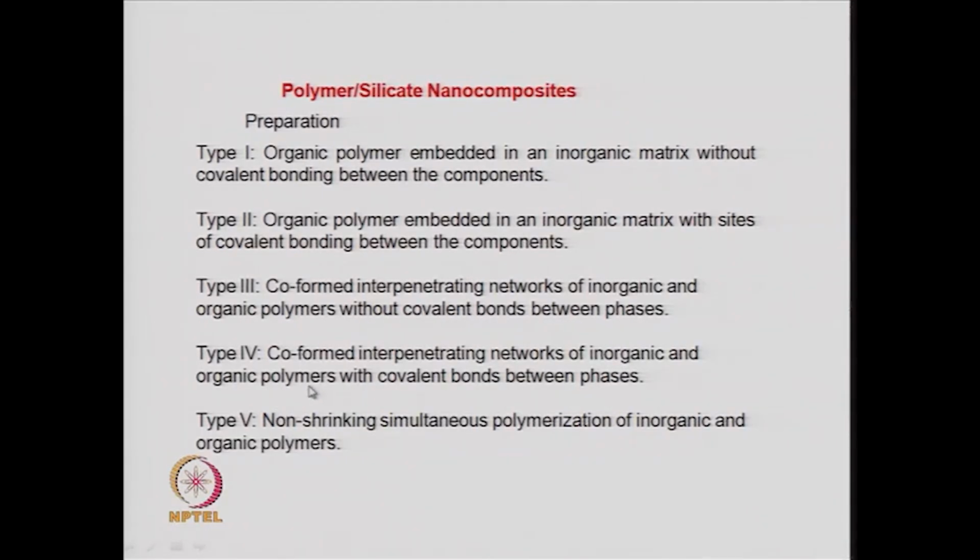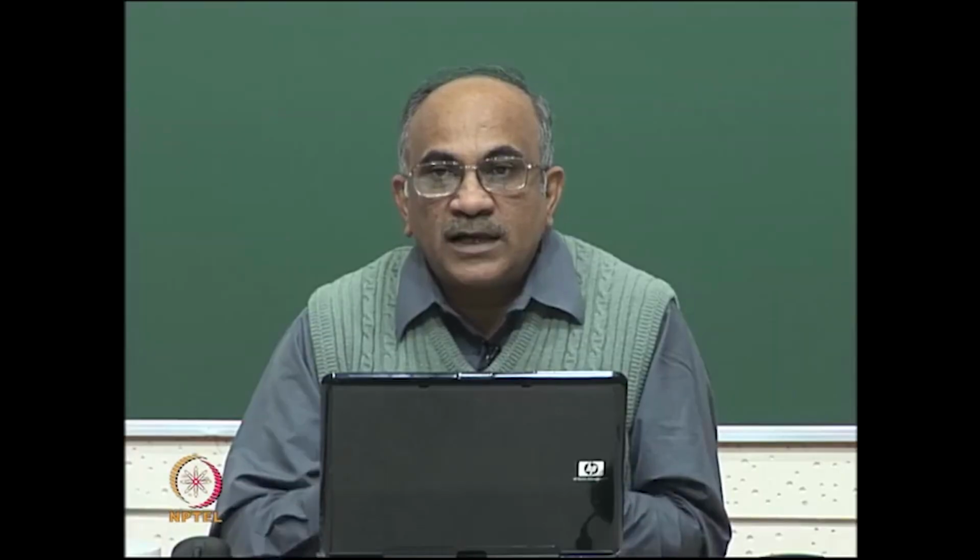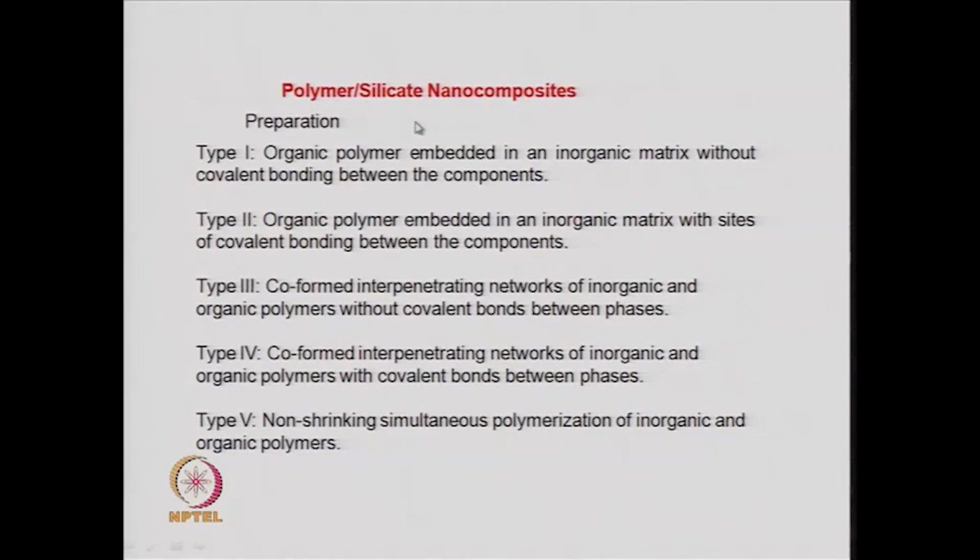So, you can have these nanocomposites with covalent bonding and without covalent bonding, and then you can have non shrinking simultaneous polymerization of inorganic and organic polymers. Normally we think that you make organic polymers by polymerization, but you can also make inorganic polymers, and if you can simultaneously do the polymerization of the organic and the inorganic polymer, then you get another type of nanocomposites, or you can get nanocomposites through another methodology.